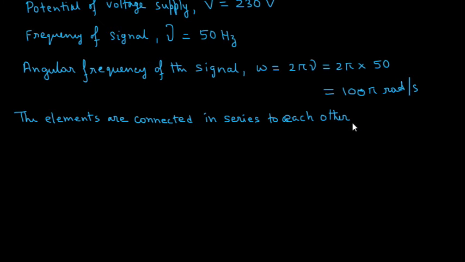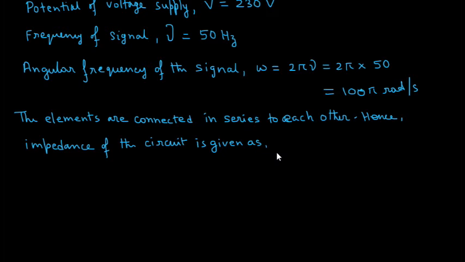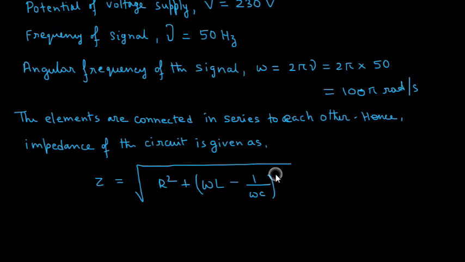Hence, impedance of the circuit is given as Z is equal to under root R square plus (omega L minus 1 upon omega C) whole square.